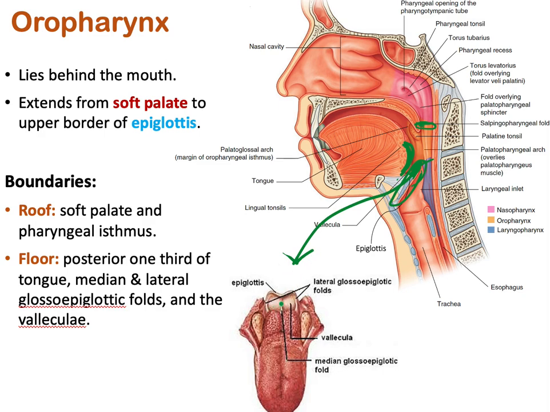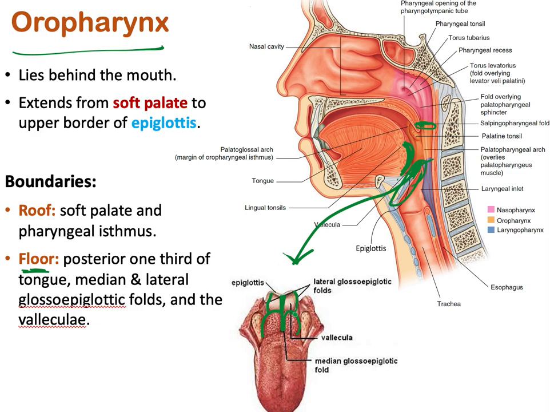The floor of the oropharynx is created by the posterior 1/3 of the tongue and the epiglottis, and there are folds here called the median in the middle and lateral glossoepiglottic folds.